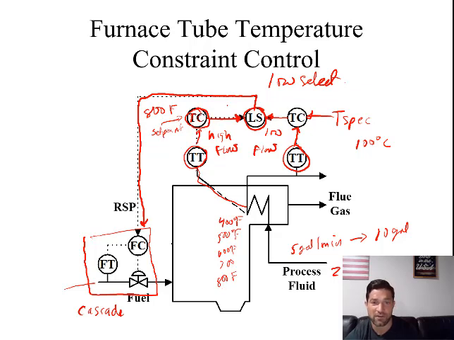The error here, this is at its set point, and now the signal from this controller wants a higher fuel flow rate. So this signal is now asking for a higher flow rate coming in, but because this is a low select controller, it's going to send the zero change signal, which is lower than the signal here.